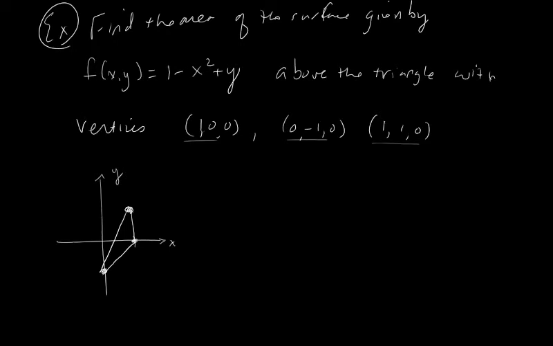Now we are going to need to be able to bound this region, and so to do that we're going to need equations of our lines. So I'm going to draw each line with a different color. So this one in green, that is part of the line x equal to 1. Right? It's a vertical line through every point where x is equal to 1.